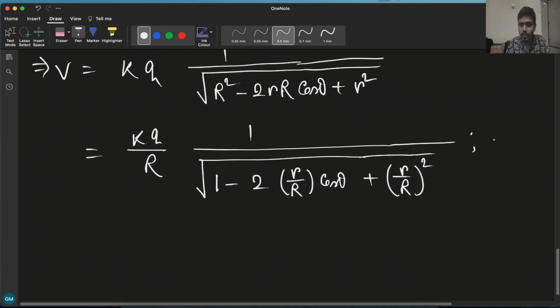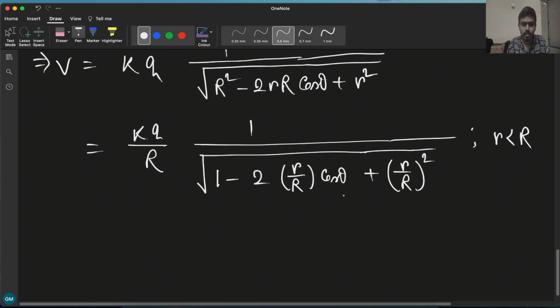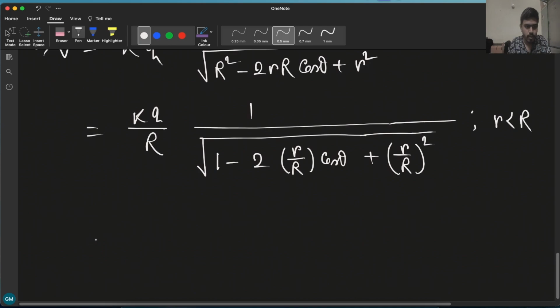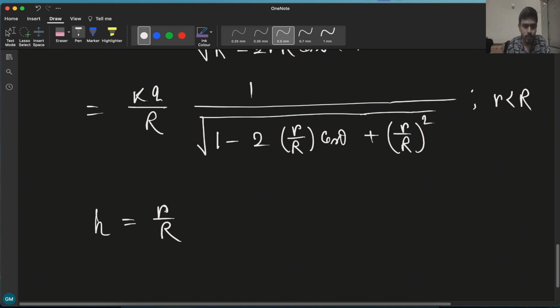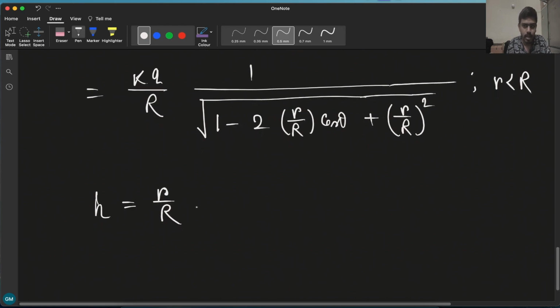So if I assume that r is less than capital R, in that case I can replace this r by R by h. So let me define h in that way, and obviously h will be less than 1 in that case, and let me call our cos theta x.